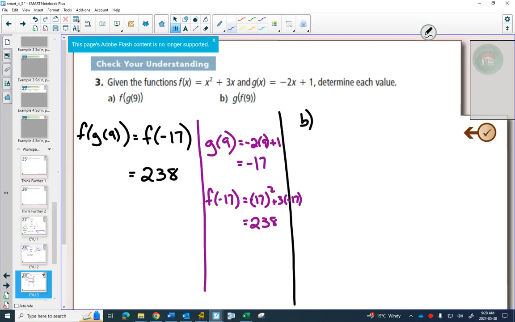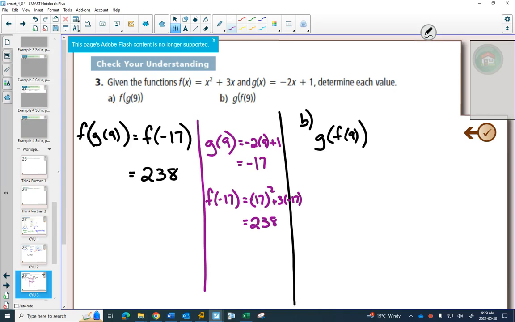Now for B, I want to figure out g of f of 9. In the composition of functions, I sometimes like to change my brackets. My first brackets are bigger, and my inside brackets are smaller, just so I know what goes with what.